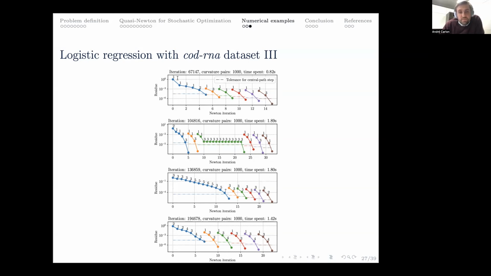Now, on top of each Newton step I'm also presenting a black number. This is the number of conjugate gradient steps that I had to take to find the Newton direction. I'm starting with the gradient itself as the Newton direction candidate, and I'm doing conjugate gradient to see if it's good enough or not. In some cases, I need to take a few conjugate gradient steps.